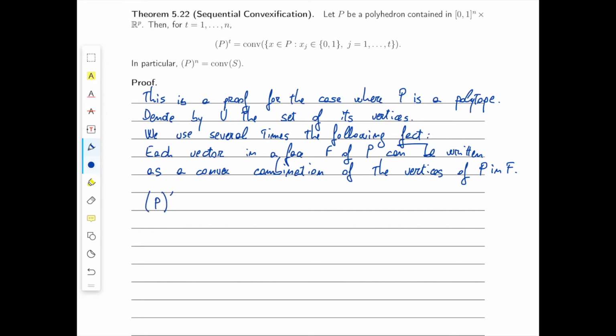P superscript 1 is just P1, and this is by definition the convex hull of all the points in P with x1 in {0, 1}. And our fact immediately implies that this is the convex hull of all the vectors in V with x1 in {0, 1}.